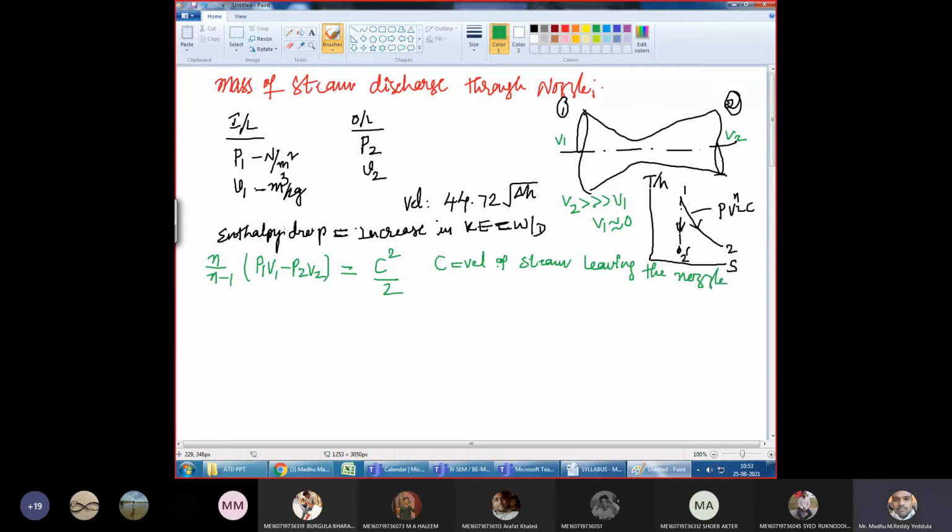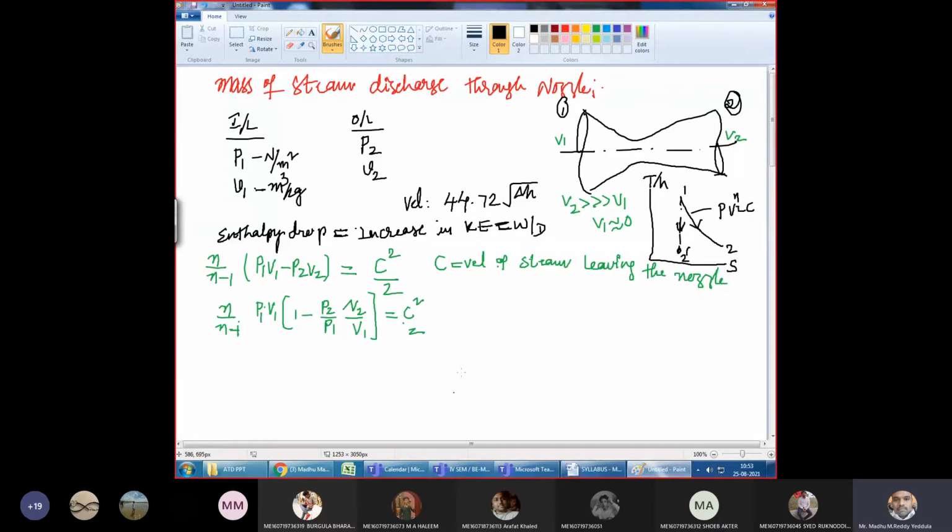Now, what we are simplifying here. From this, if you take P1 V1 common, n by n minus 1 P1 V1, 1 minus P2 by P1 into V2 by V1 is equal to C square by 2. I don't want the volume ratio. I want to replace the volume ratio in terms of the pressure ratio.